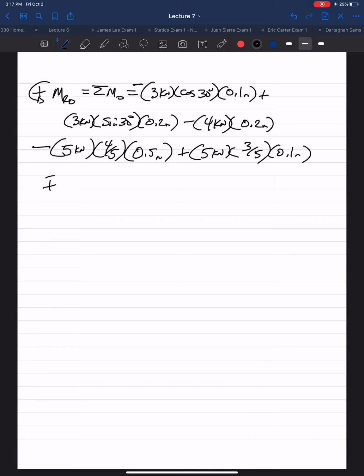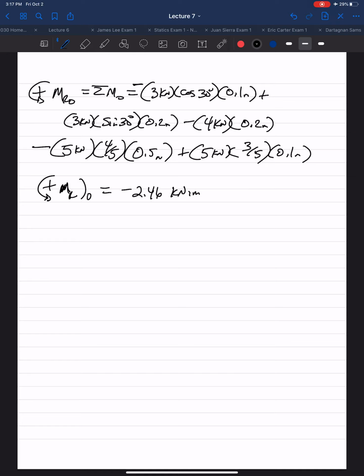Solving that out, you get the equivalent resultant moment about point O of negative 2.46 kilonewton meters. And since it's negative, it's saying that it's clockwise.